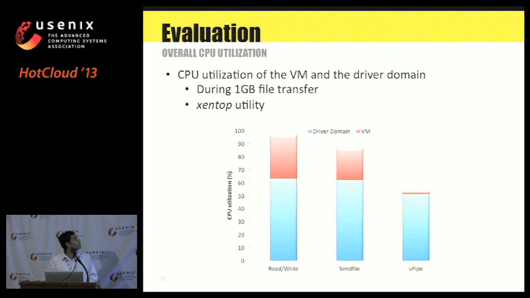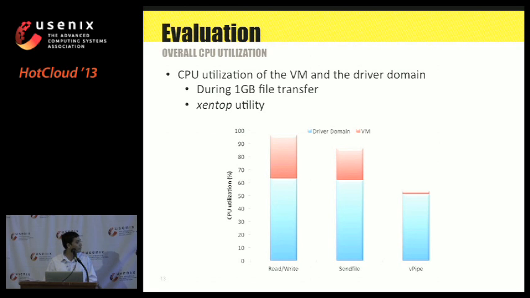Now we wanted to see how we fare in CPU utilization with vPipe. We looked at the one VM case, transferring a 1 gigabyte file, and measured the overall CPU utilization for both the driver domain and the VM. The red components here show the VM CPU utilization.